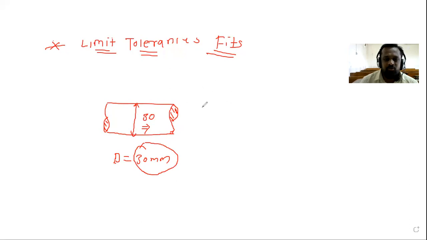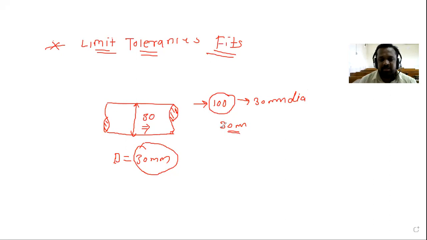Suppose we have to produce 100 shafts, the same shaft. What is the quantity? Suppose we have to manufacture 100 shafts of diameter 30. Then tell me, every time for those 100 shafts, is it possible to produce them with exactly 30 mm diameter?